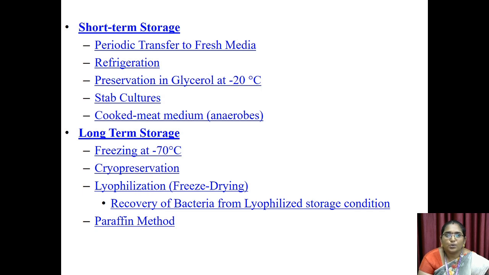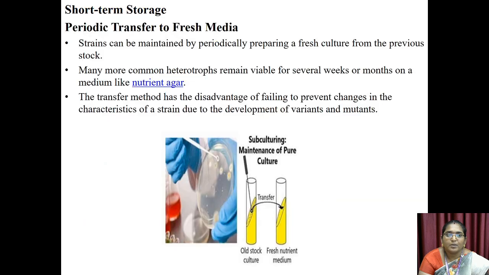Short-term storage includes periodic transfer to fresh media, refrigeration, preservation in glycerol at minus 20 degrees Celsius, stab cultures and cooked meat medium, which is used under anaerobic conditions. Long-term storage includes freezing at minus 70 degrees Celsius, cryopreservation, lyophilization (freeze drying), recovery of bacteria from the lyophilized storage condition, and the paraffin method.